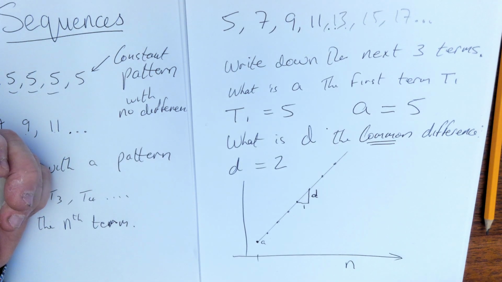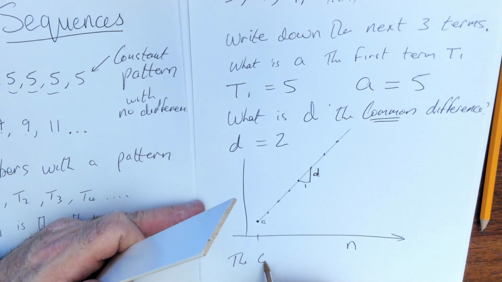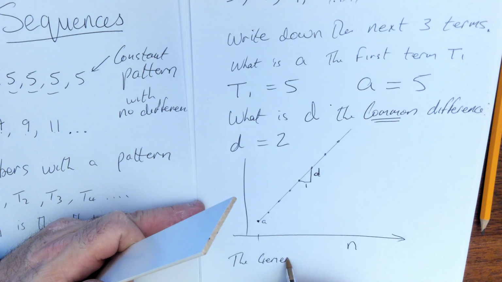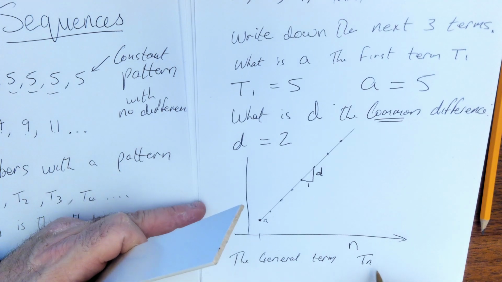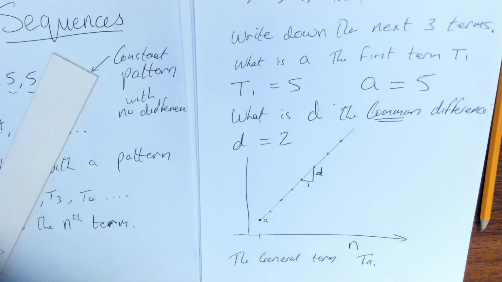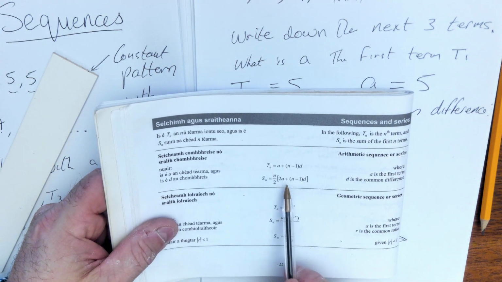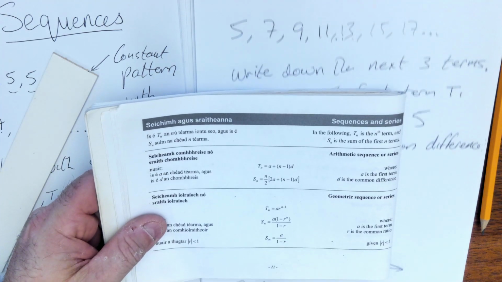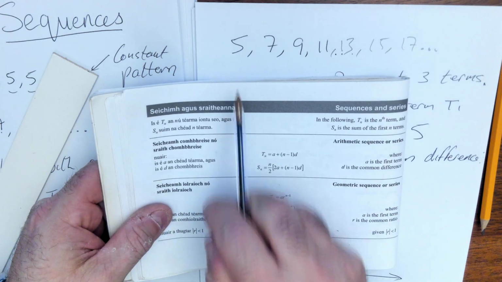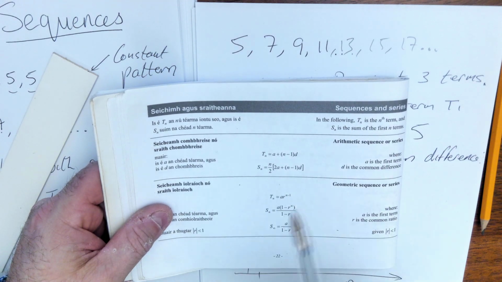So what we want to do is come up with what's called the general term n. That is done for you here in the tables, and I want to make sense of this. They're saying start with the first term, A, which is here, and add on the difference.